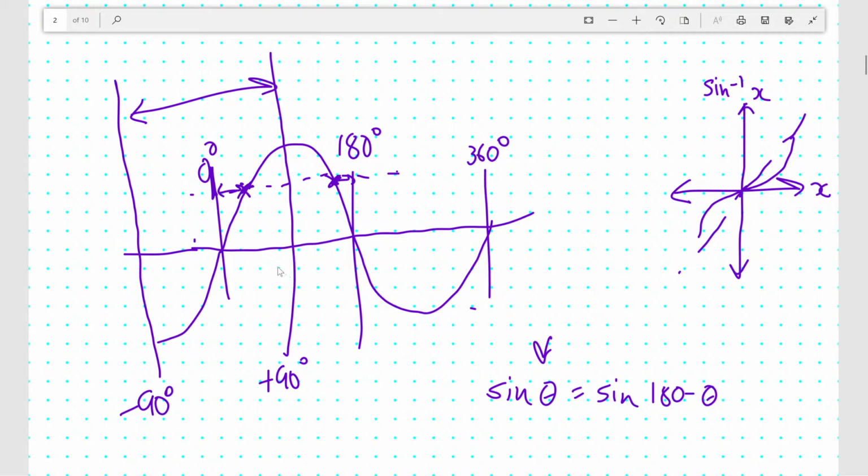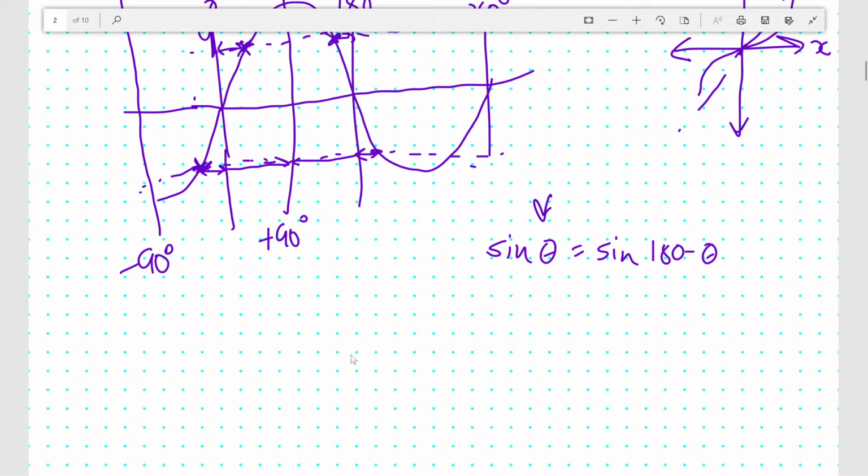The same kind of logic will apply down here. If you're dealing with a negative angle, the gap between here and here is going to be the same as the gap between here and here. That also means the gap between here and 90 is going to be the same as the gap between here and 90. Say that 90 plus some number is equal to theta.